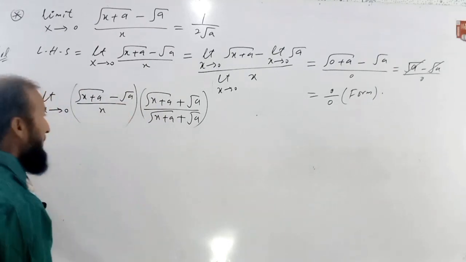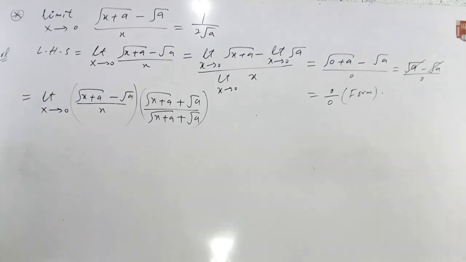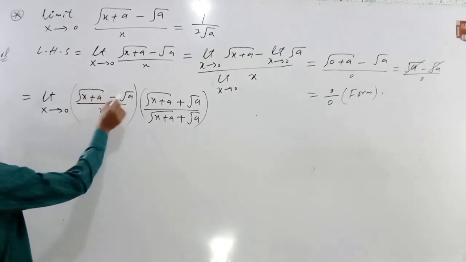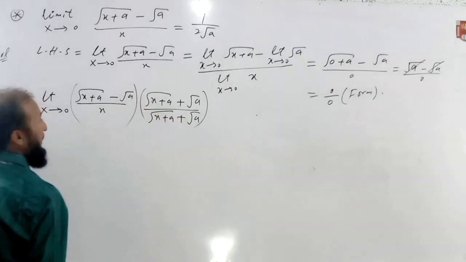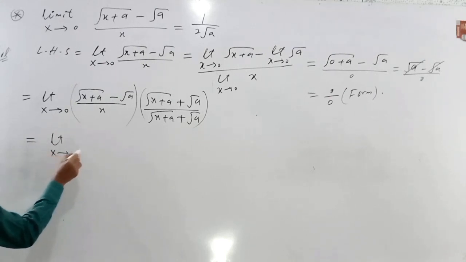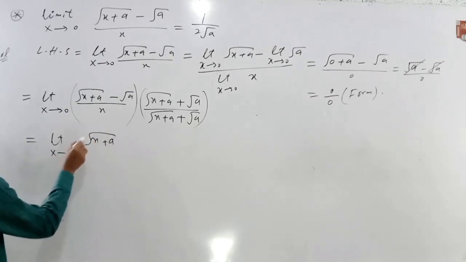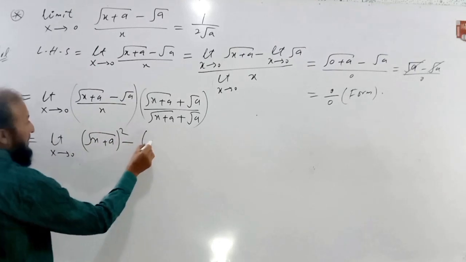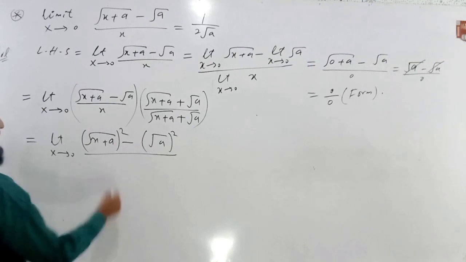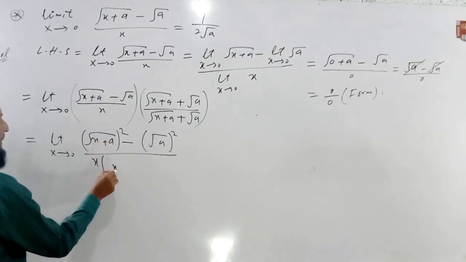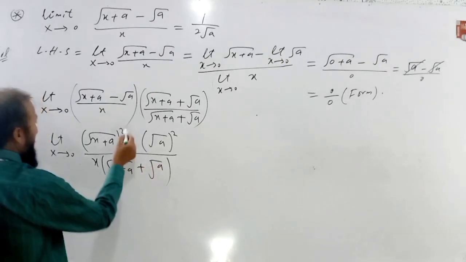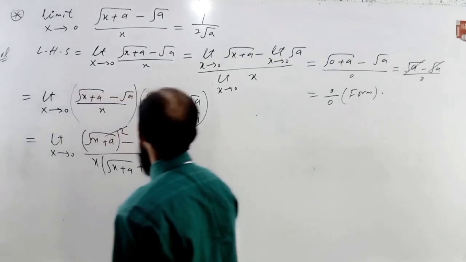Now we can use the formula (a minus b)(a plus b) equals a squared minus b squared. So we get the square of square root of x plus a minus the square of square root of a in the numerator, and in the denominator we multiply x by the conjugate. Here both are cancelled.